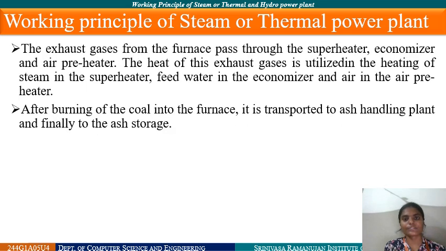Working principle of steam or thermal power plant. The exhaust gases from the furnace pass through the superheater, economizer and air heaters. The heat of these exhaust gases is utilized in heating steam in the superheaters, feed water in the economizers and air in the air preheaters.